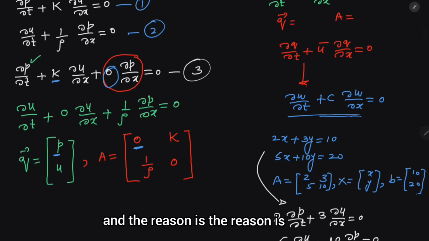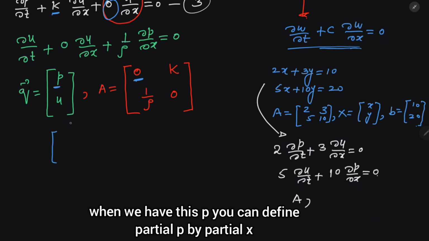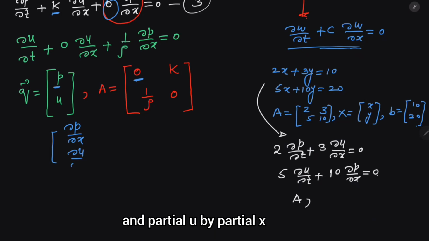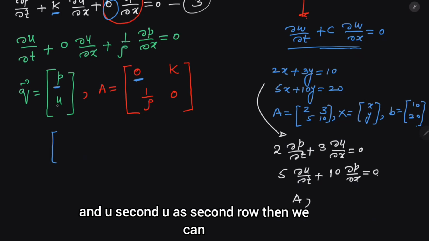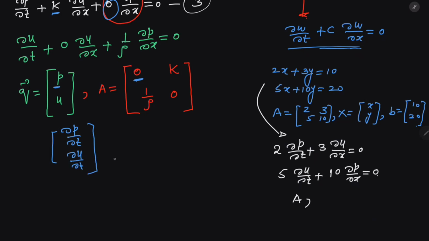And the reason is, when we have this p, you can define partial p by partial x and partial u by partial x. Similarly, if we have p first and u as the second row, then we can write partial p by partial t and partial u by partial t.